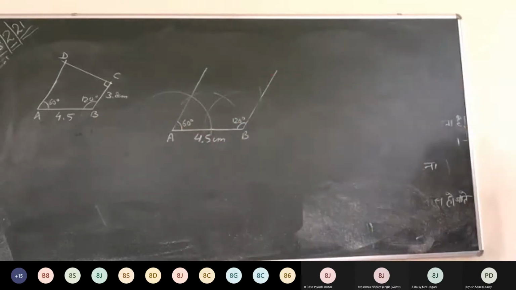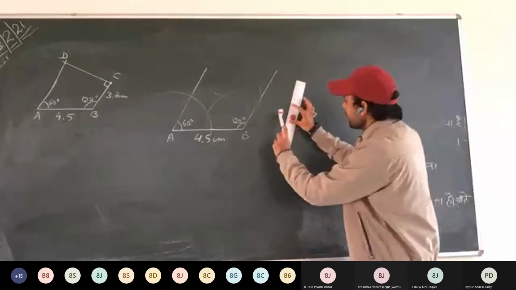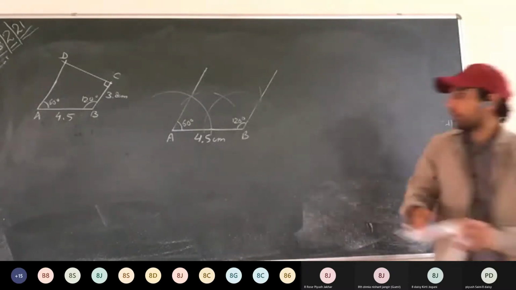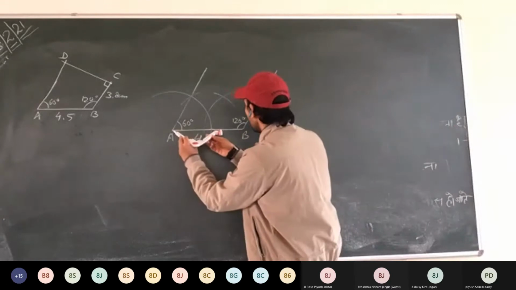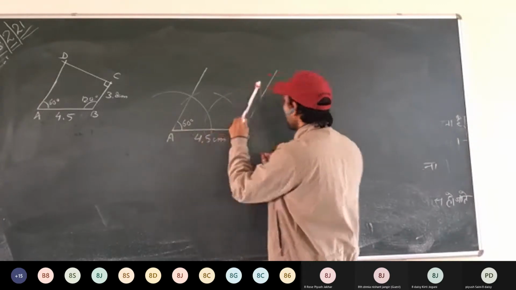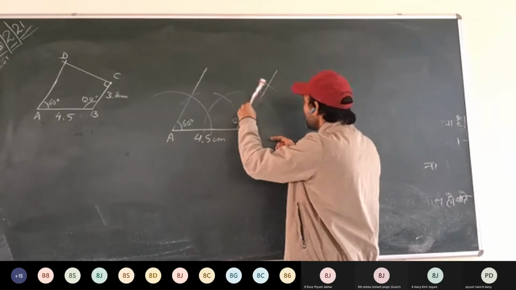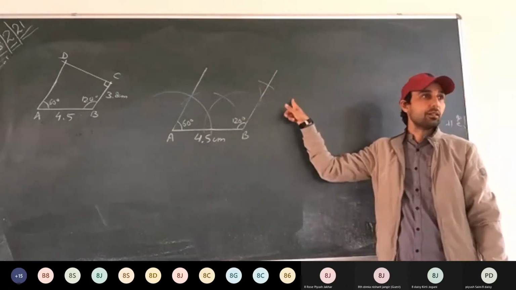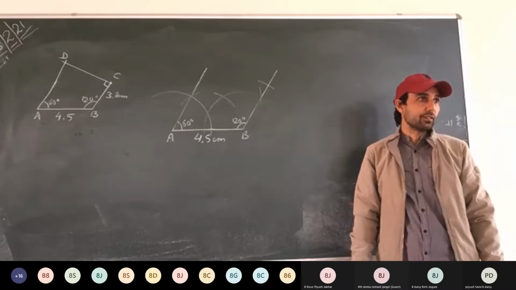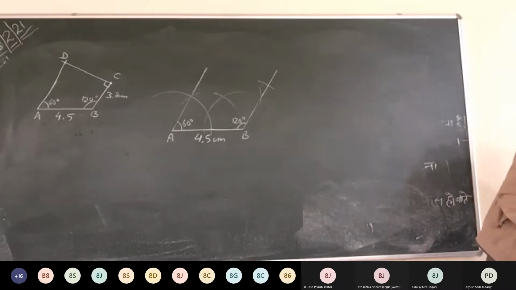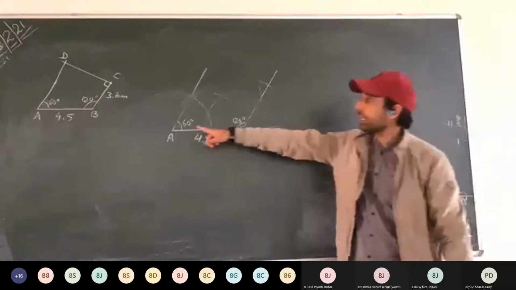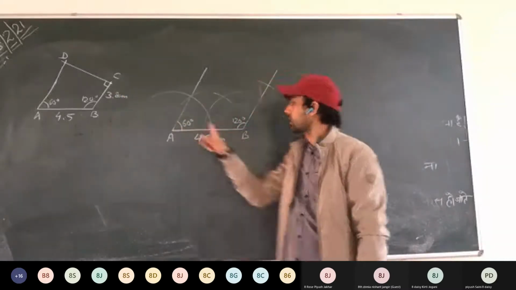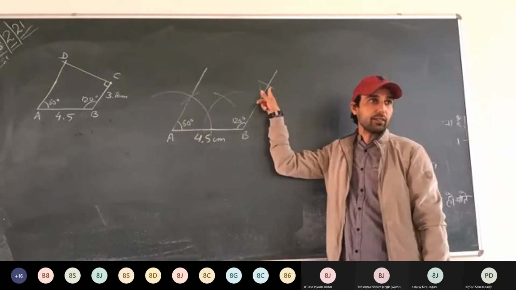So take 3.8 centimeters radius in your compass, and from B make one arc. Here C will lie, at 3.8 centimeters.